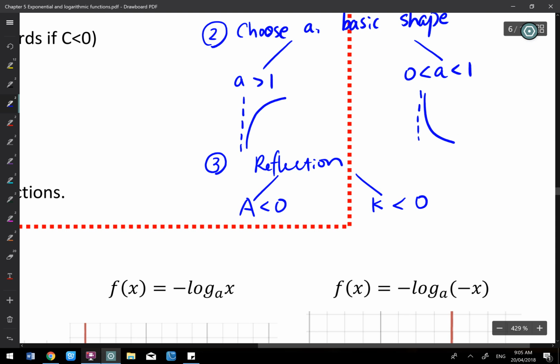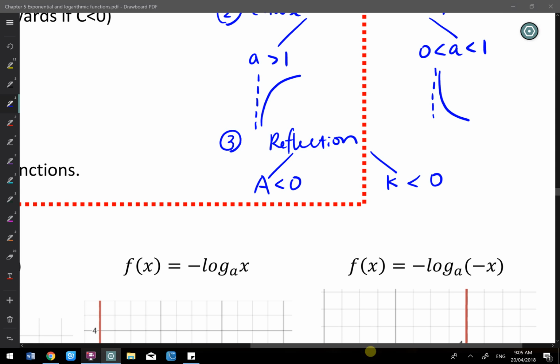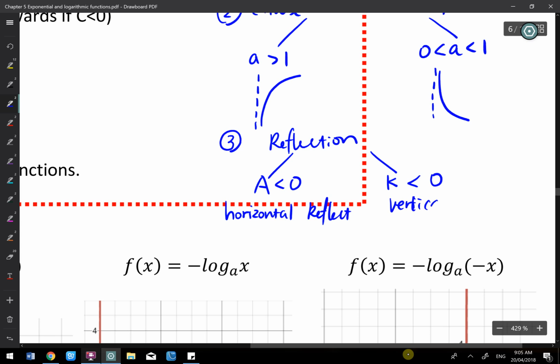When a is less than 0, it is a horizontal reflection. And when k is less than 0, it is a vertical reflection.